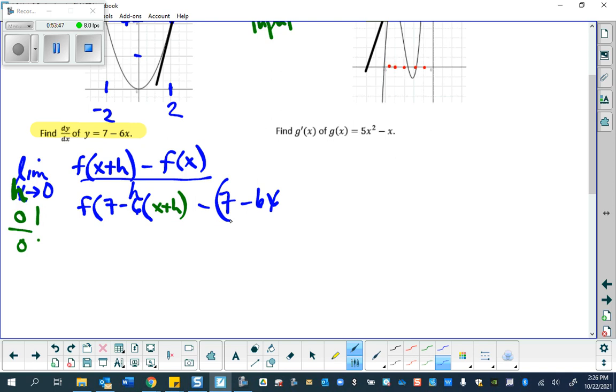Here is my f of x. Here is my 7 minus 6, and instead of writing x, I'm writing x plus h. Are we okay with that?